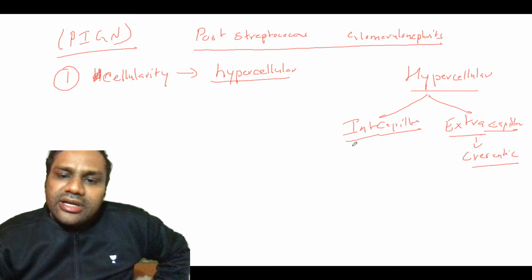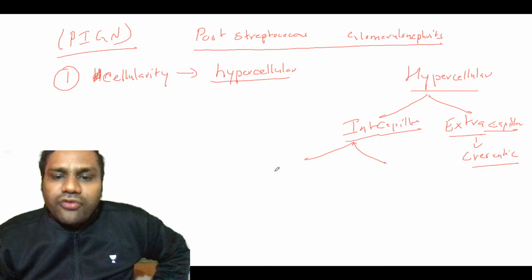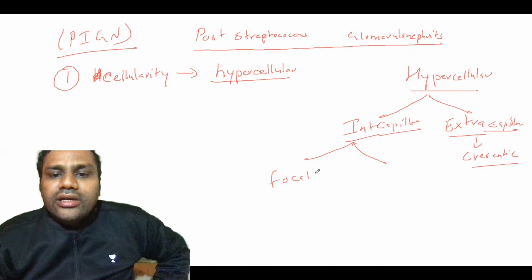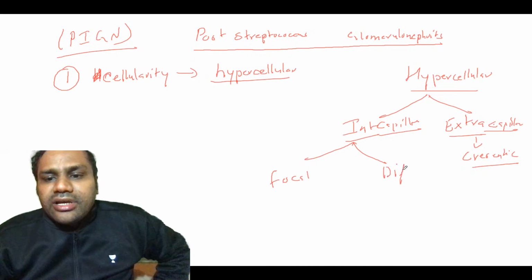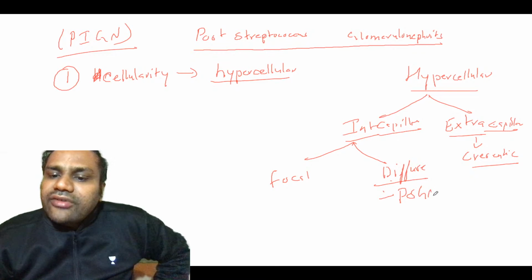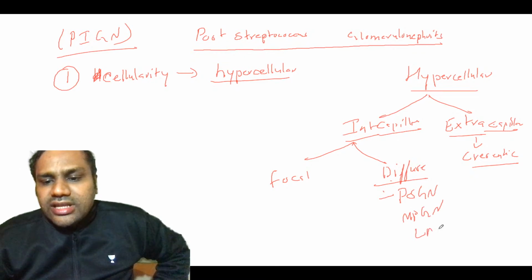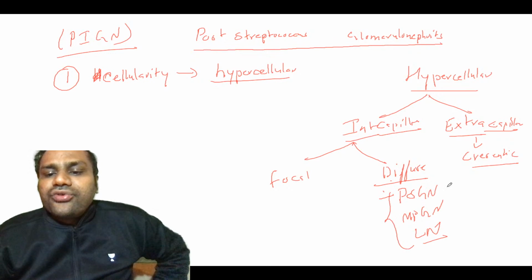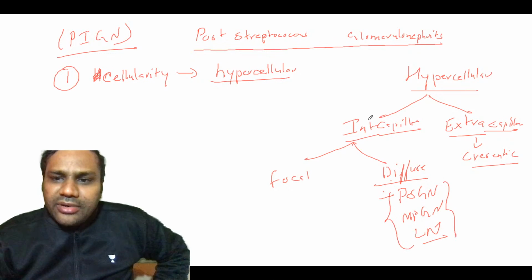Intracapillary can be focal or diffuse. In the diffuse type we have post-streptococcal glomerulonephritis, membranoproliferative glomerulonephritis and lupus nephritis. These are all diffuse intracapillary hypercellularity. In focal, we have focal segmental glomerulosclerosis.